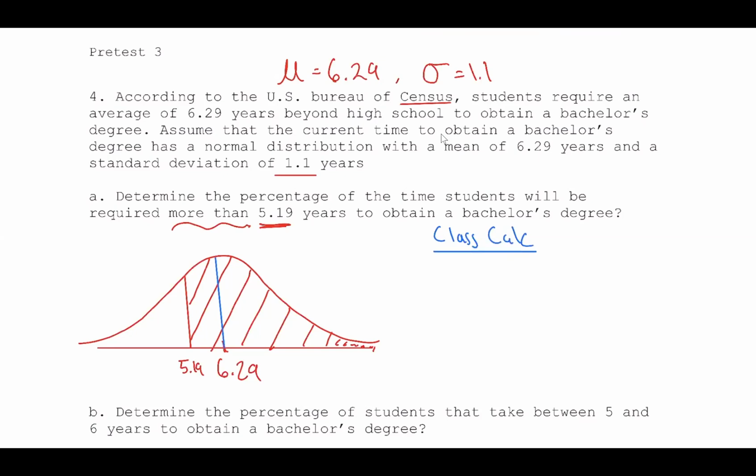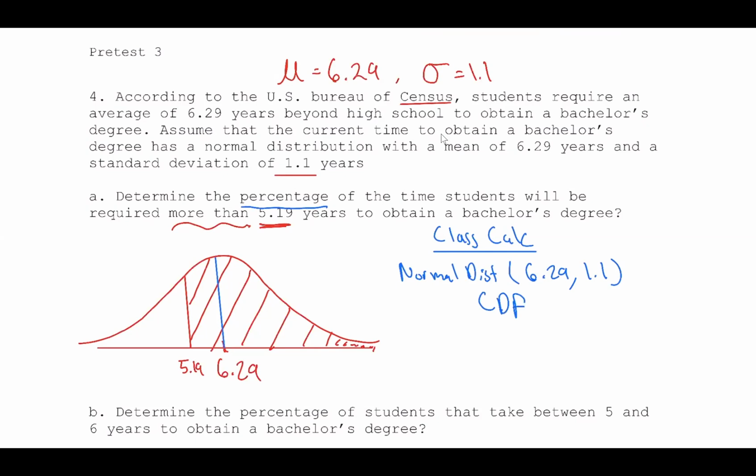So in ClassCalc, what you want to do is normal distribution. So mean is going to equal 6.29. Standard deviation is going to equal 1.1. Then since we want to find the percentage, you're going to do CDF.